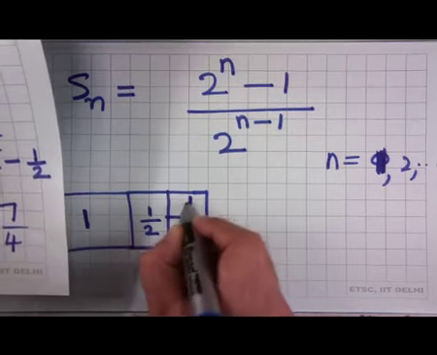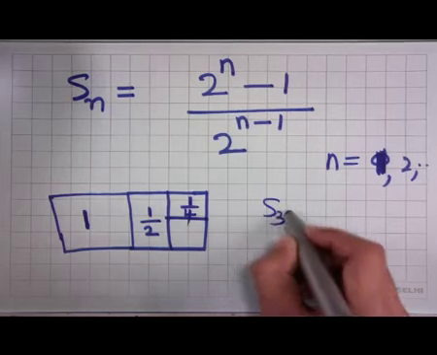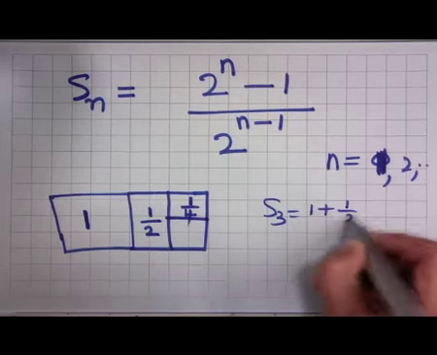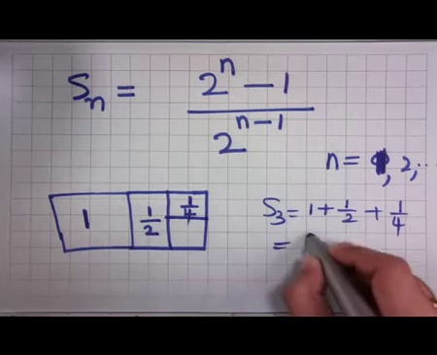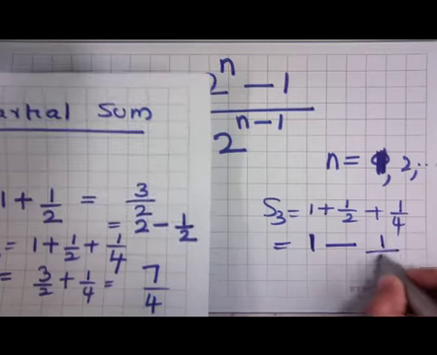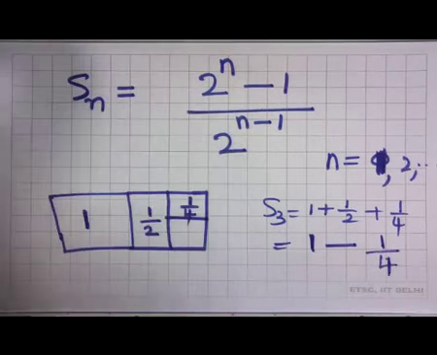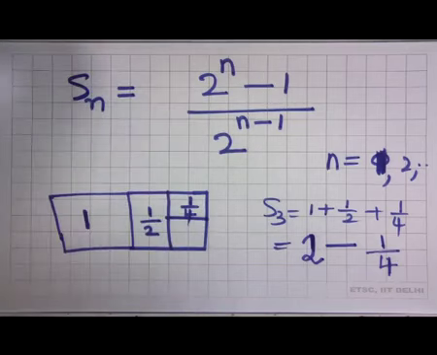This is 1 by 4. This is S3. So, S3 is 1 plus half plus 1 by 4, which is actually total area minus 1 by 4. Total area is 2 minus 1 by 4. This portion is missing.